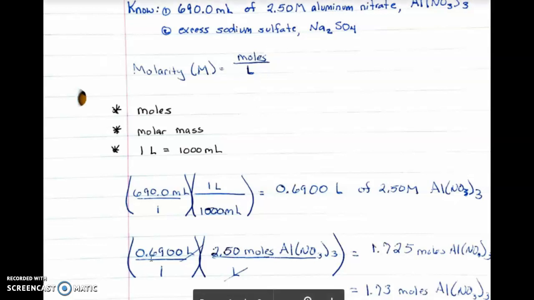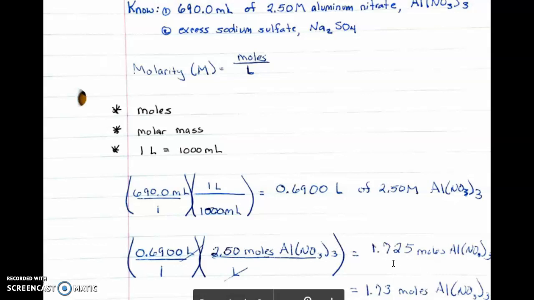I take my 690 milliliters, which is now converted to 0.6900 liters, and multiply that by my 2.50 moles per liter, my concentration of aluminum nitrate. The answer that I get is 1.725 moles, because my liters cancel and I'm left with moles.